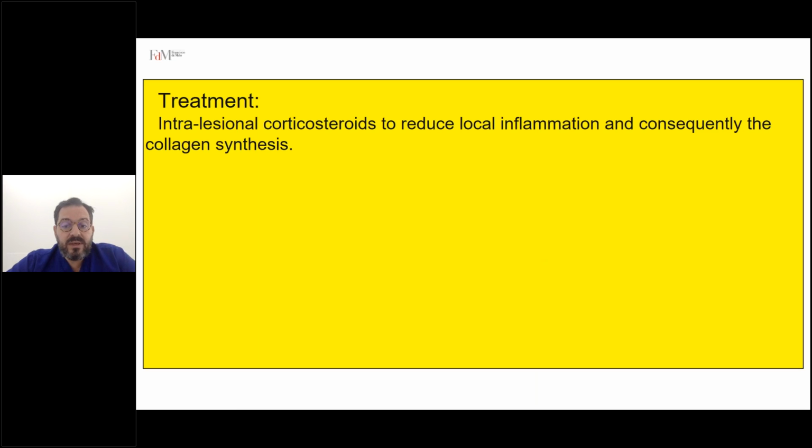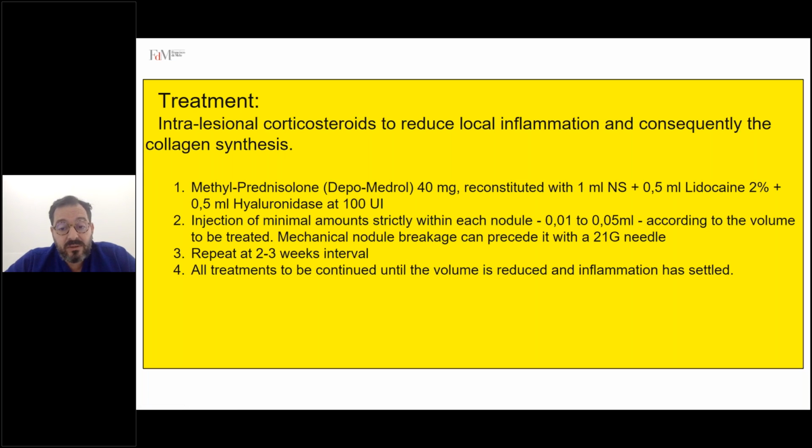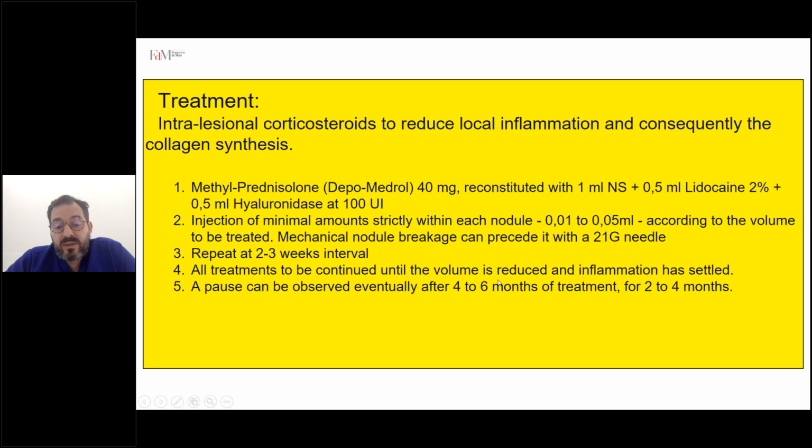And so this is what I do for nodules. I prefer to use methylprednisolone instead of triamcinolone. I do the reconstruction, and I get a dilution of 20 milligrams per ml, and I use 0.1, which comes to 0.05. It comes to something between 1 to 2 milligrams per area, and depends on the size of the nodule.